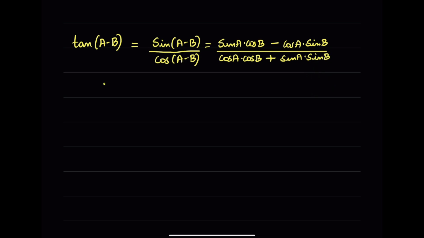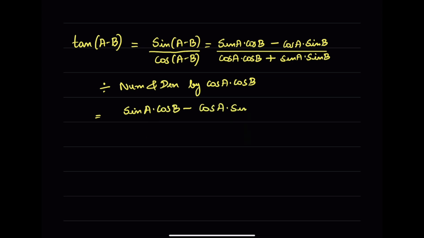Now again we are going to divide numerator and denominator by cos a cos b. So the numerator will be sin a cos b minus cos a sin b divided by cos a cos b.